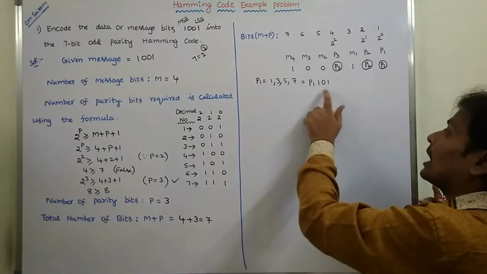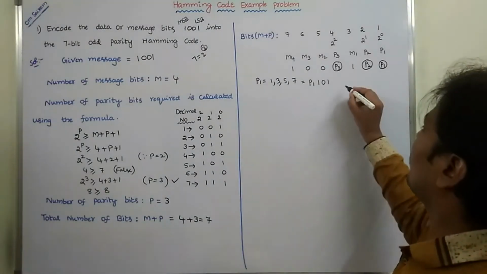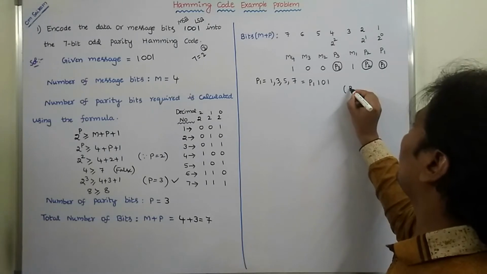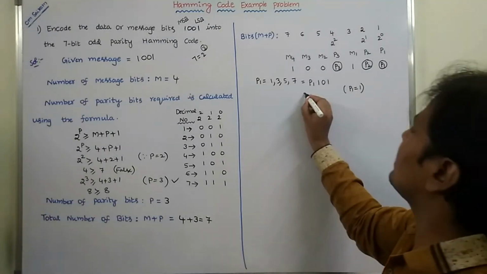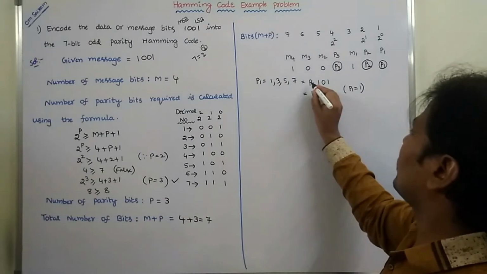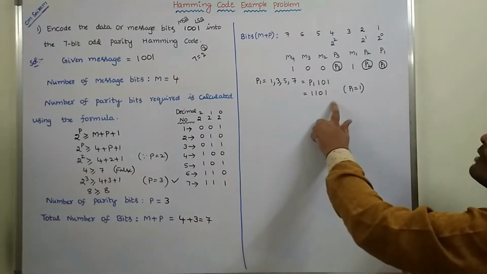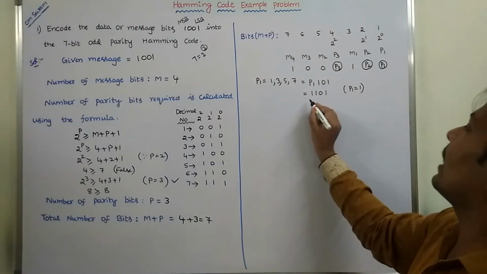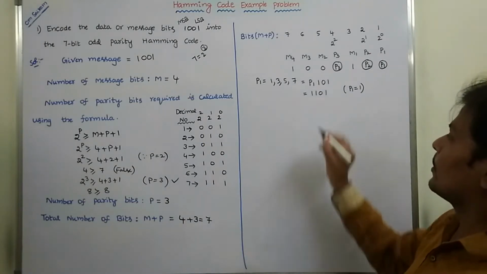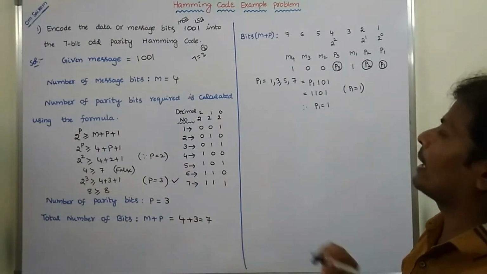But to convert this even parity to odd parity, we have to take P1 equal to 1. Whenever P1 is equal to 1, the total message becomes 1101. How many ones are there? 3 ones are there, so it becomes odd parity. Therefore P1 is equal to 1.